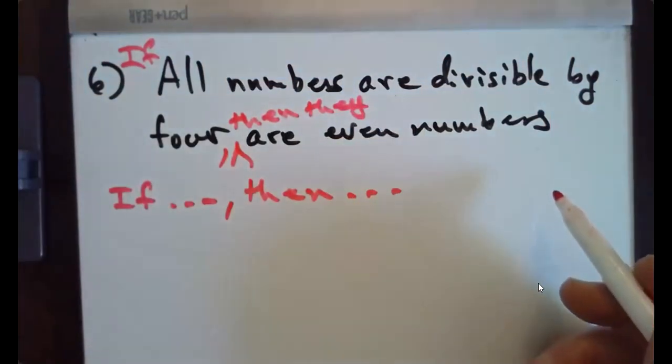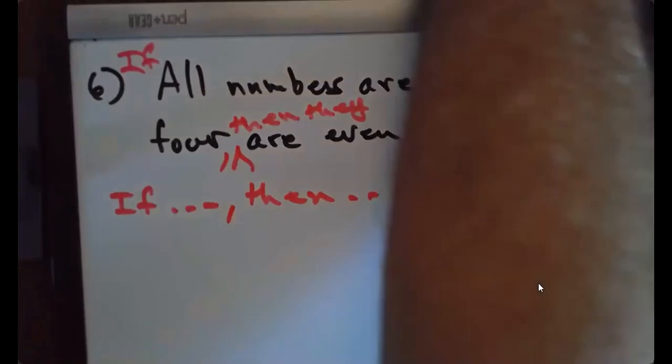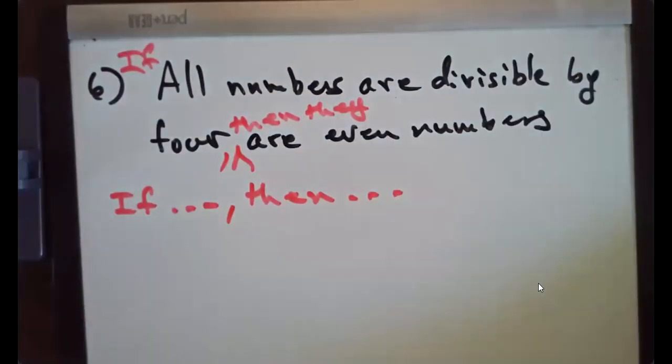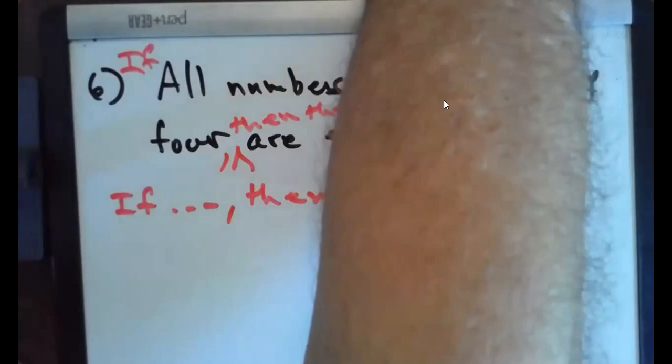Okay? So do you want me to see it written out, or do you get the gist of that? Does that work for you? I can write it out if you want. Okay, so I'll take that as a yes.